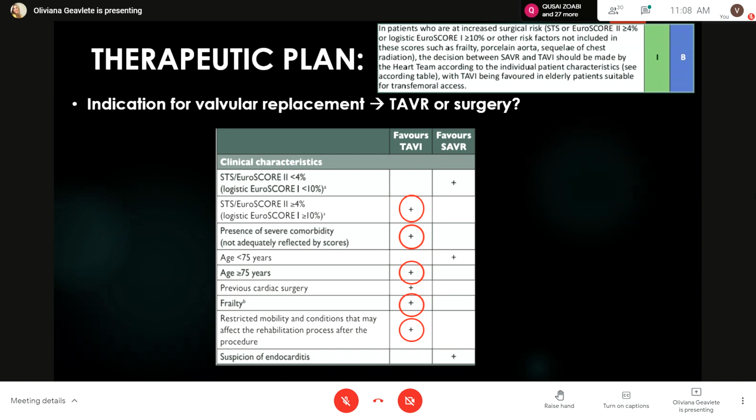TAVR or TAVI is the same thing. The heart team decided for this one because we have heart teams. The heart team includes the cardiologist, the interventionist, the surgeon, the anesthesiologist. All these people are the heart team, and they decide the cases.